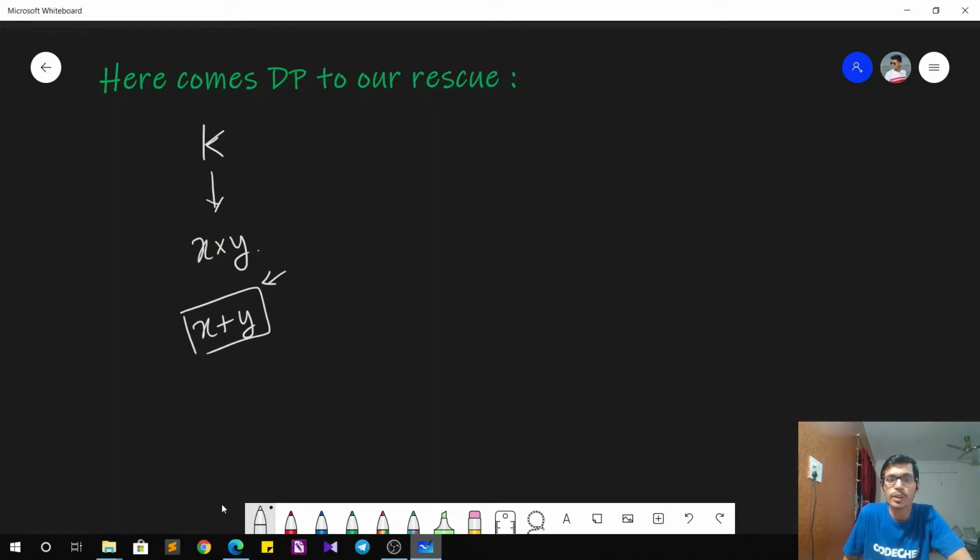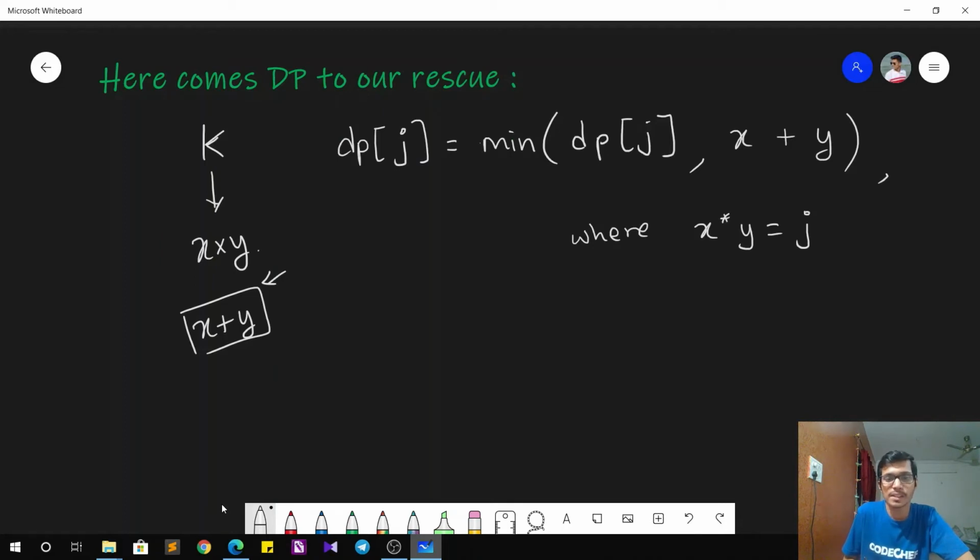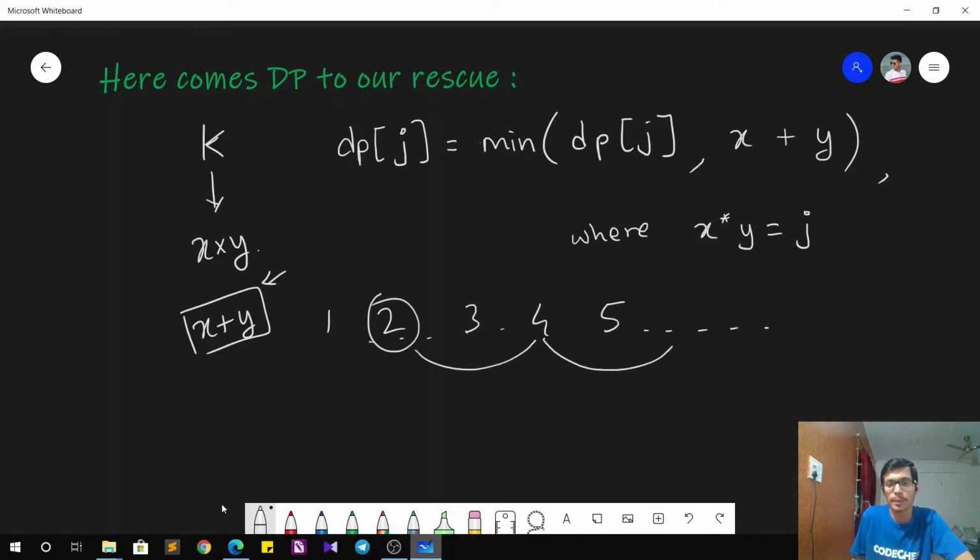So we can formulate our dynamic programming solution in the following way. Here you can see that dp of j is the minimum of dp of j comma x plus y, wherein x into y is j. So what we can do is, for each number from 1 to n, let's say we have numbers 1, 2, 3, 4, 5 and so on. For each number, for all of its multiples, we know that this number is, let's say, j, and this number is, let's say, i.